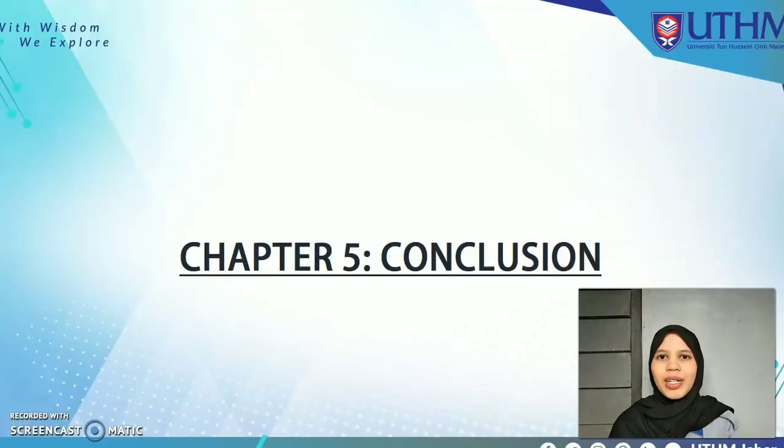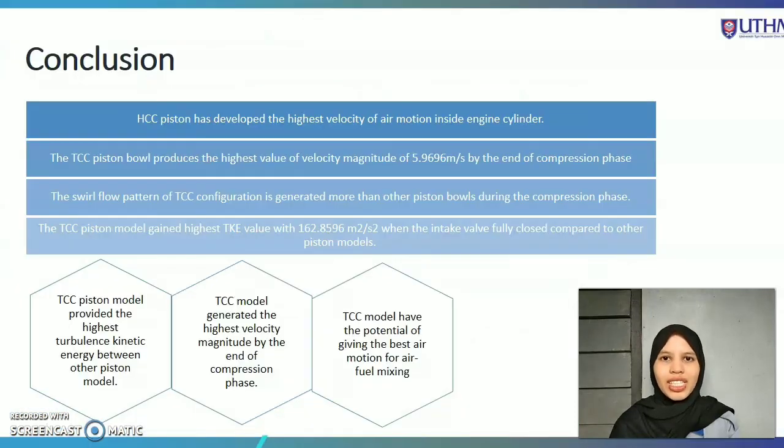In conclusion, by the end of this study, I successfully conducted the 2D simulation by using 3 types of piston in ANSYS Fluent. I was also able to differentiate the air motion from each model. To conclude the findings, the HCC model is found to develop high velocity during the intake phase.